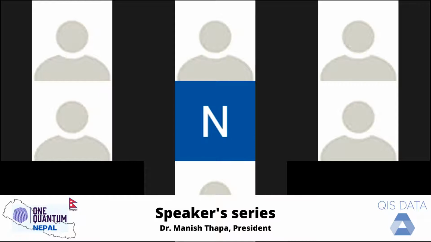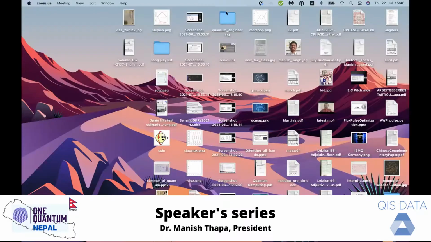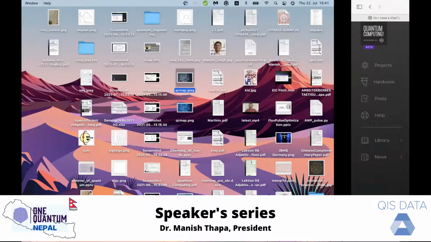So I want to tell you a little bit more about StrangeWorks. It is our partner, a very great partner. They do a great job offering this software platform where you can run hardware from so many different companies. Let me show it to you.